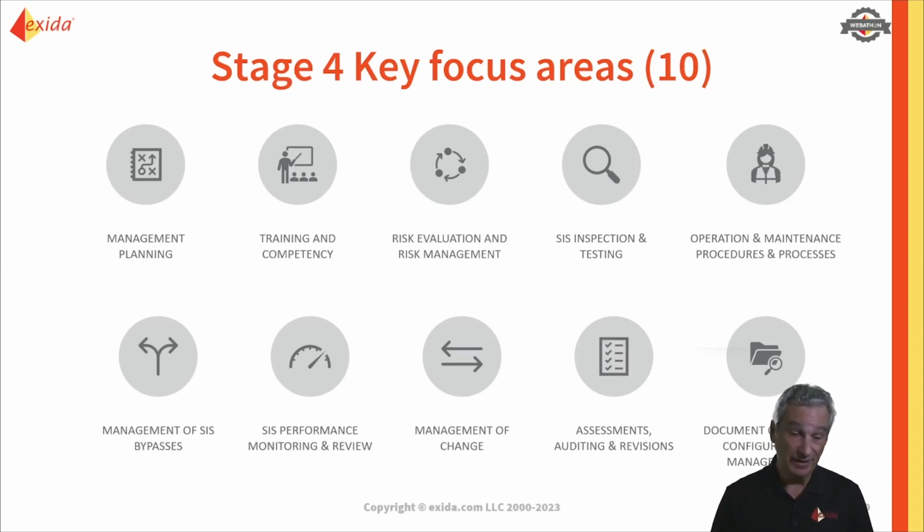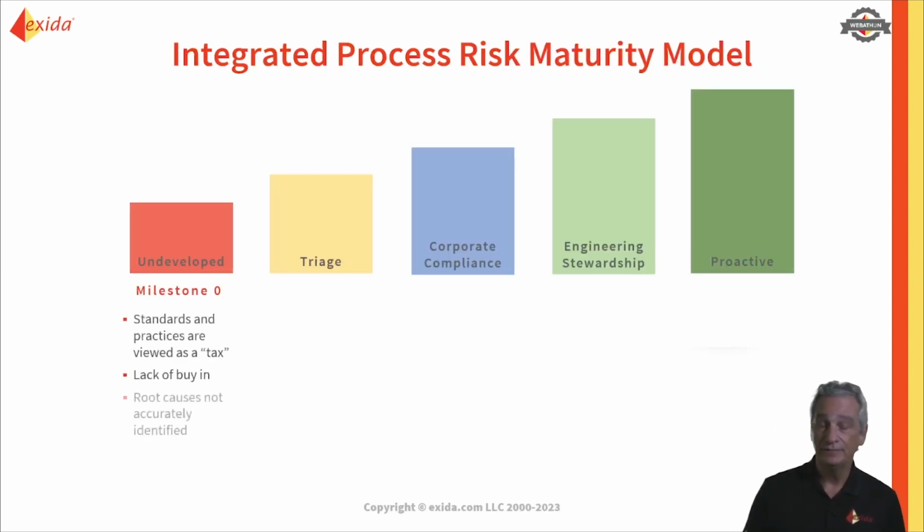Have they been done in the past? And of course, documentation control and configuration management. Again, for changes in application, those should come under management of change, and we should have configuration management control in place. So all of those things are looked at as part of this performance review under the stage 4.